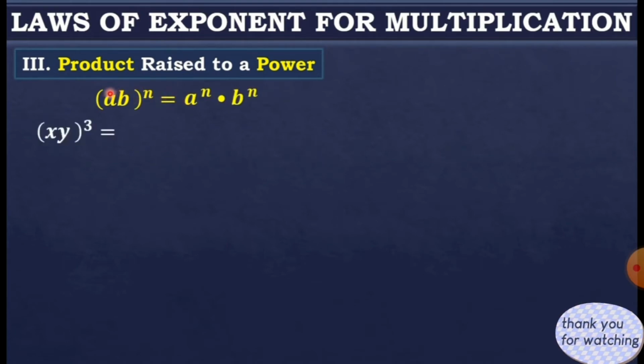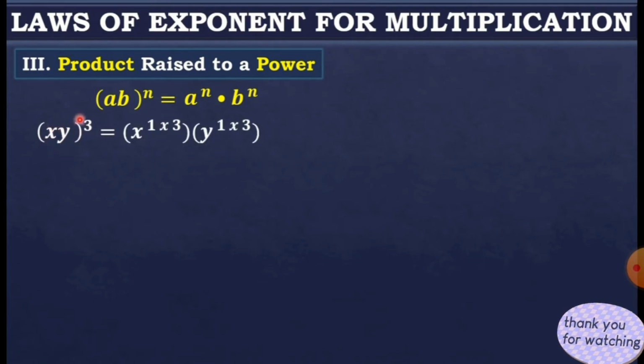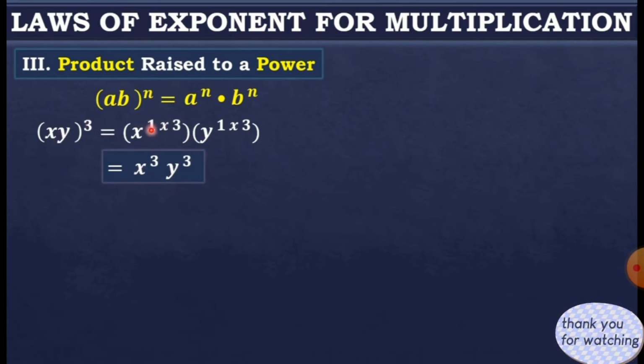For example, we have xy cubed. So, again, we have the exponent 3 sa labas ng parentheses. So, we have to separate them. We will multiply the exponent sa loob at sa labas ng parentheses. Yung x, merong exponent na 1. Understood, merong 1 exponent yan. The same with y.